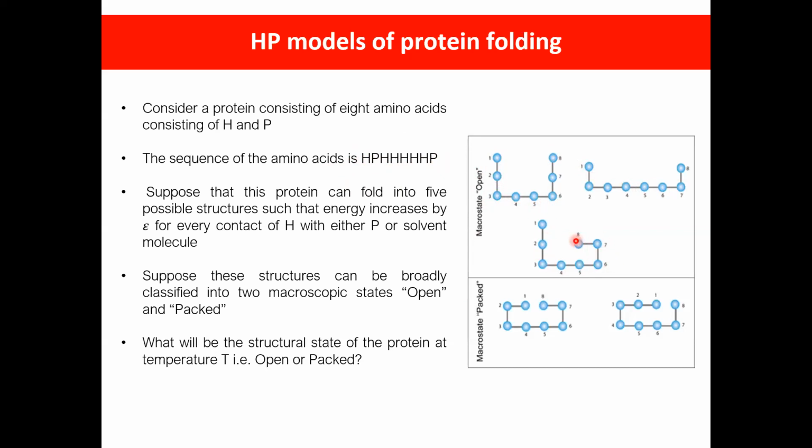So I'm going to put the amino acids here, and then I'm going to calculate the energy. What is given to me is that if there is an unfavorable contact, either H is right next to P or P is right next to H, then energy will increase by epsilon. If H is also making contact with water, then energy will increase by epsilon. Okay, so I'm going to use all of those rules to calculate the energy. So let's see how I'm going to do it.